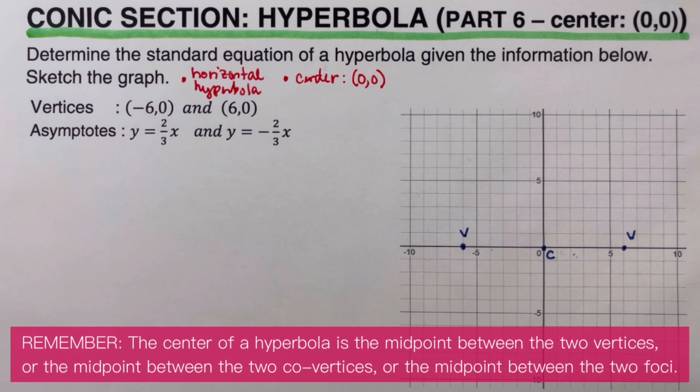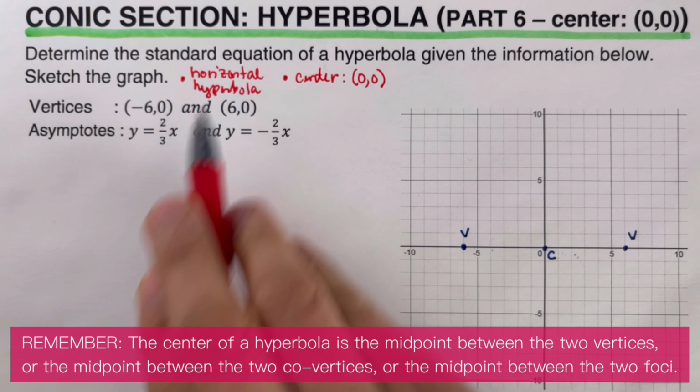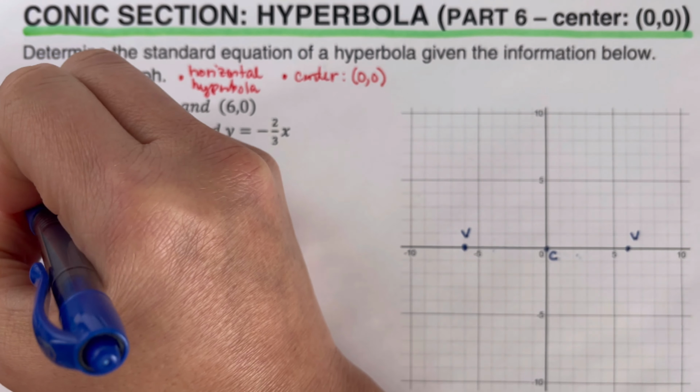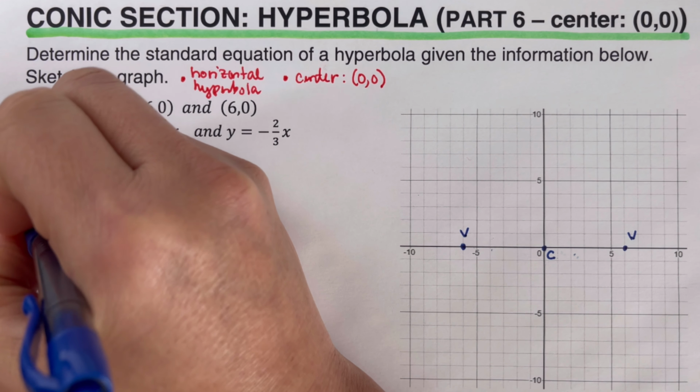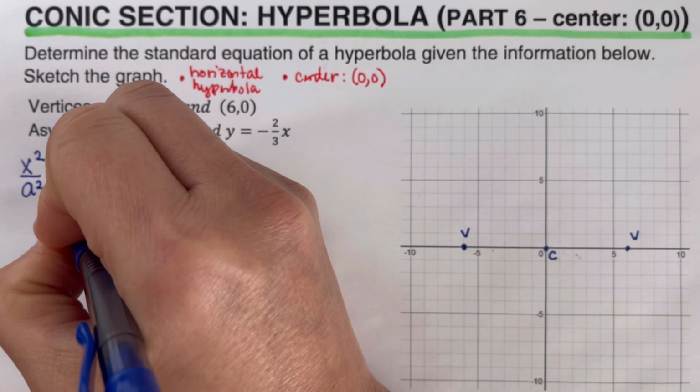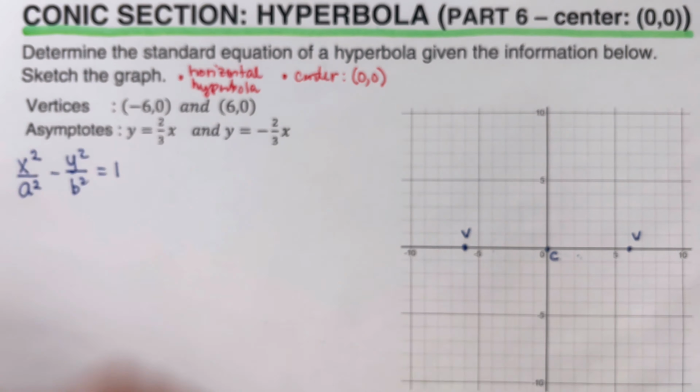Since we have a horizontal hyperbola, the general equation would be x squared over a squared minus y squared over b squared equals 1.